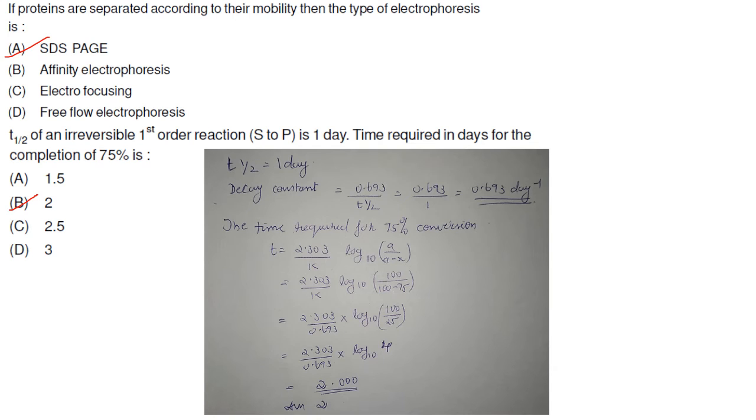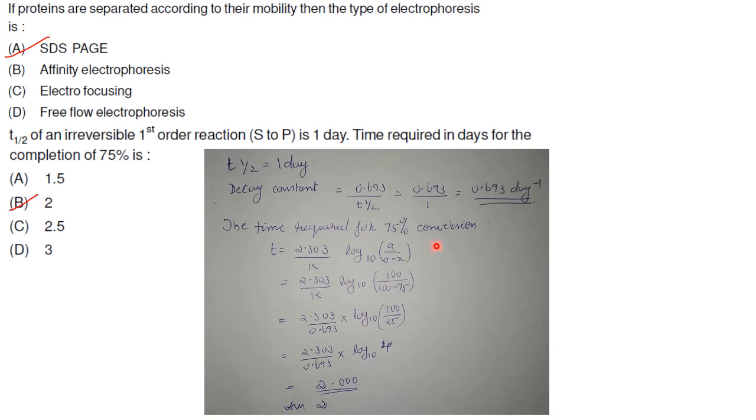The next one, the T half or half-life of an irreversible first order reaction S to P is 1 day. Time required in days for the completion of 75%. So T half is 1 day. Decay constant is 0.693 divided by T half, so it is 0.693 per day.